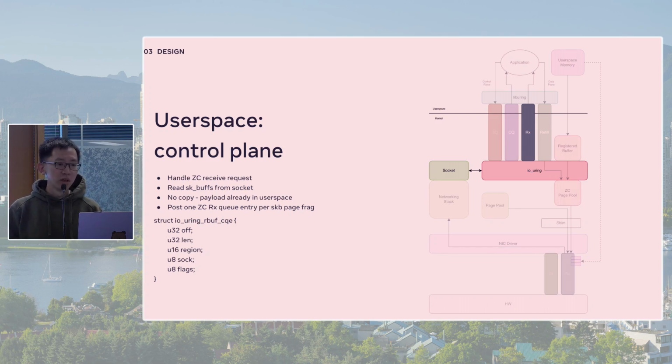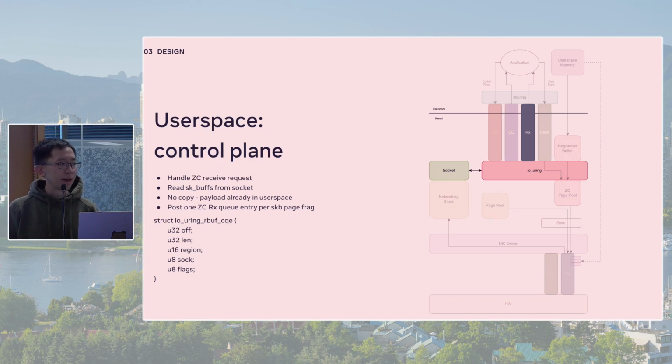To do this, we added two new shared ring buffers to io_uring, and one of them is highlighted here. It's the zero copy RxQ, and I have the structure of each entry there.